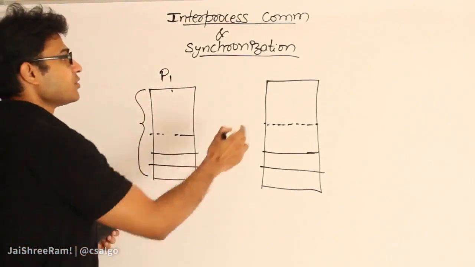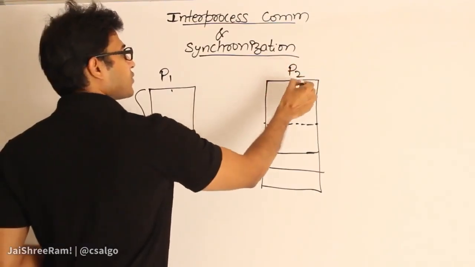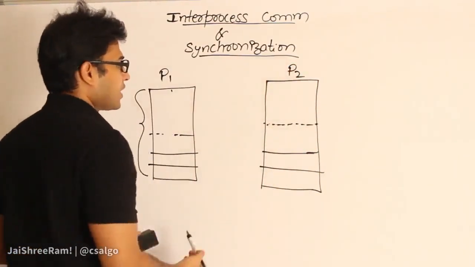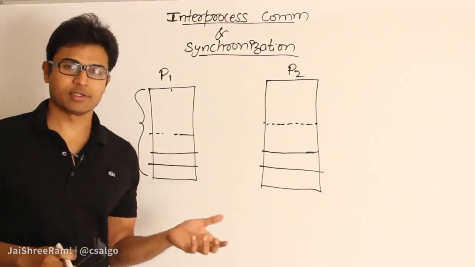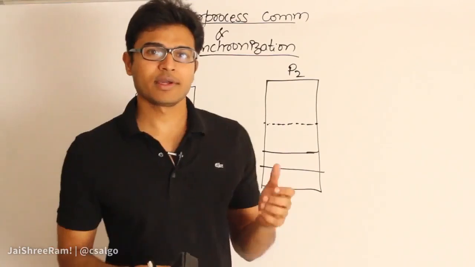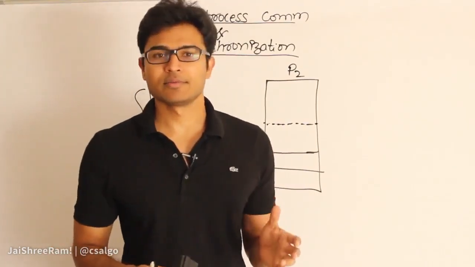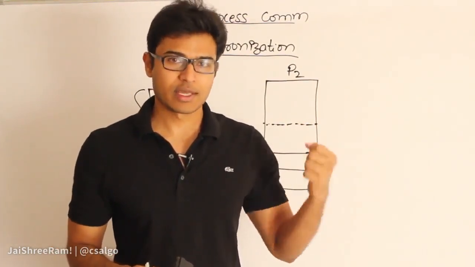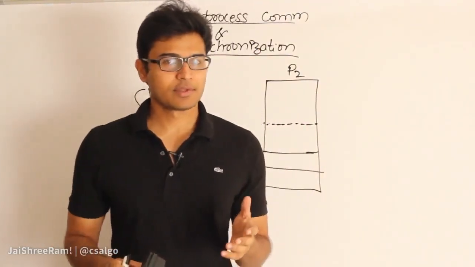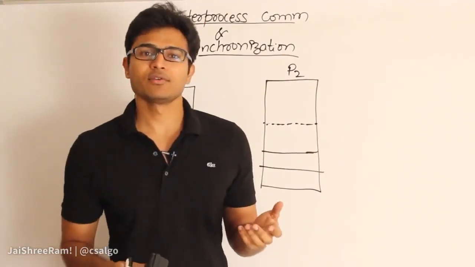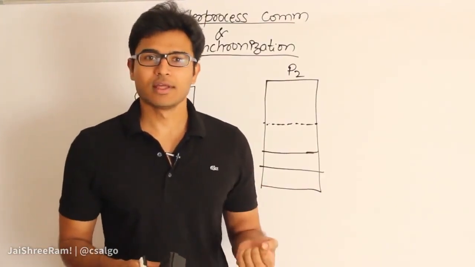And if process P2 is running, it is also never supposed to use anything other than its own. If the operating system provides this, that is called protection. As long as the operating system protects your memory space from the other processes, there will be no problem at all. But there can be a problem if two processes are trying to communicate with each other.